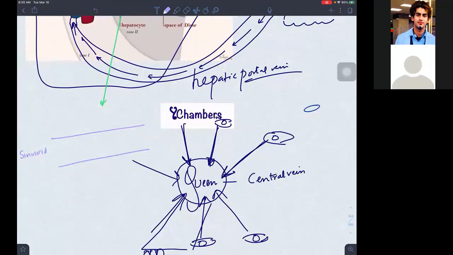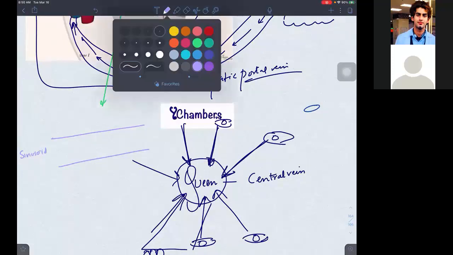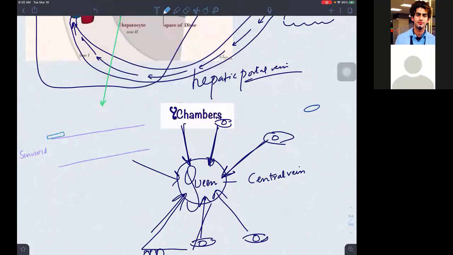This sinusoid is lined by endothelium. If I check the endothelium from this side, this is the endothelium, and it has some fenestrations. Can you remember fenestrations, or windows?